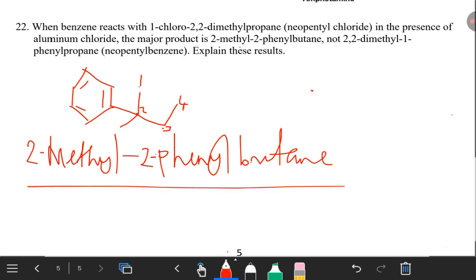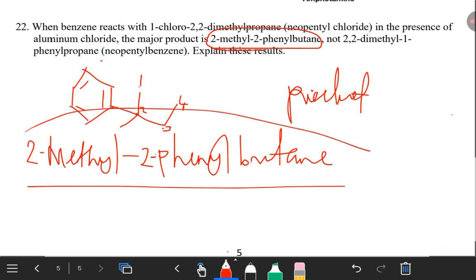So the product you formed is 2-methyl-2-phenylbutane. This is our product of interest. The question was reading, when benzene reacts with that, in the presence of aluminum chloride, the major product is 2-methyl-2-phenylbutane, which we've produced. So this is the same product we've formed, and not that one.